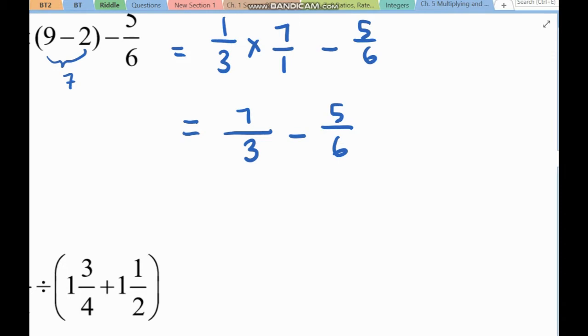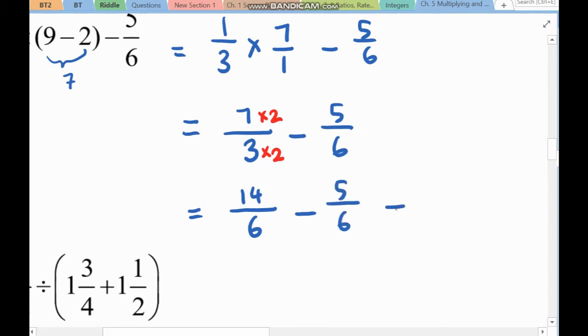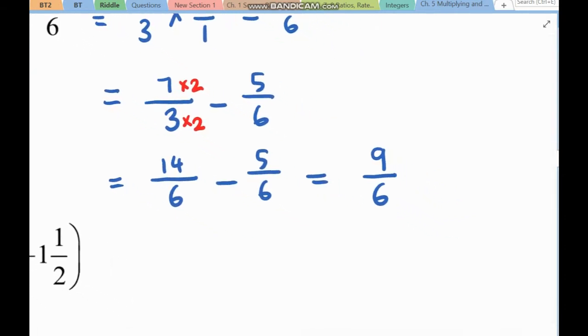Again, we're going to make the common denominator. So we're going to multiply this by 2, this by 2. And 14 over 6 minus 5 over 6. Keep the denominator and subtract the top, 14 minus 5, which is 9. Okay, now we have to reduce the fraction.